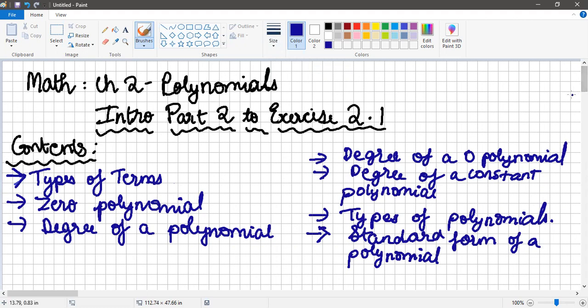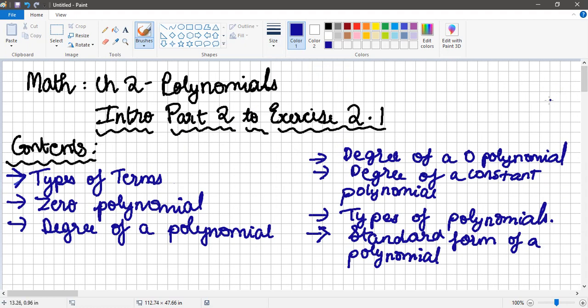So in this session, we are going to be covering these topics as you can see here: types of terms, zero polynomial, degree of a polynomial, degree of a zero polynomial, degree of a constant polynomial, types of polynomials, and the standard form of a polynomial.